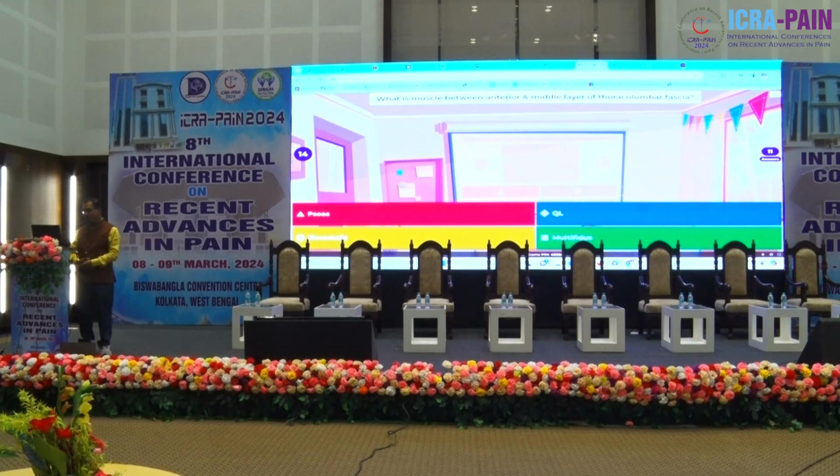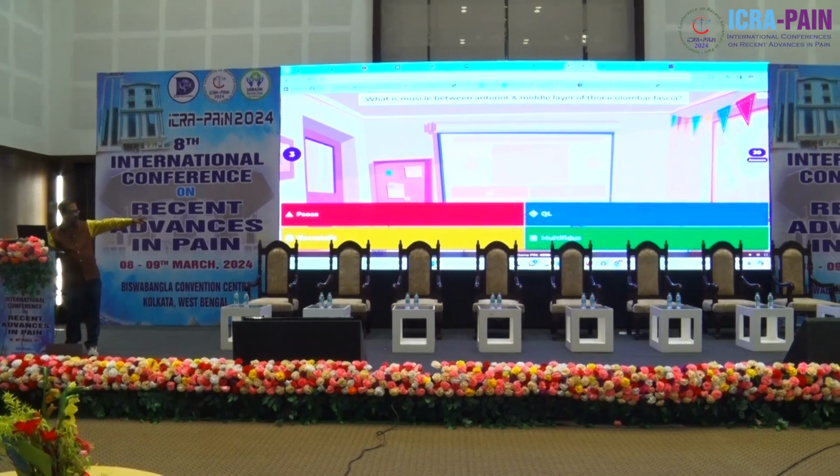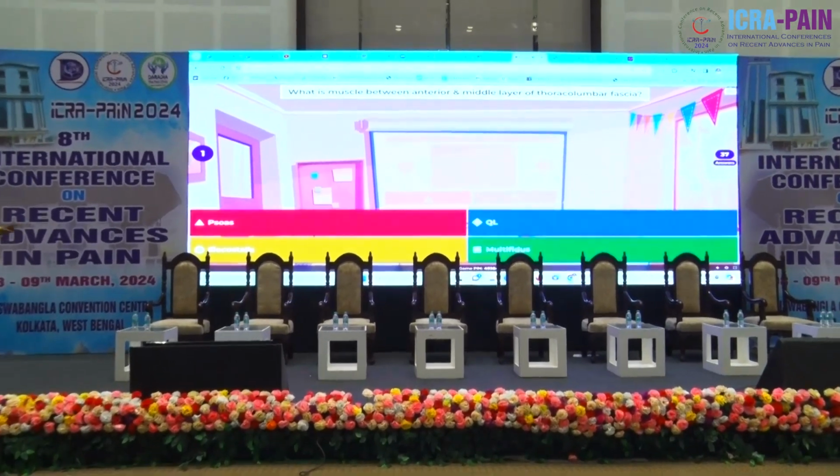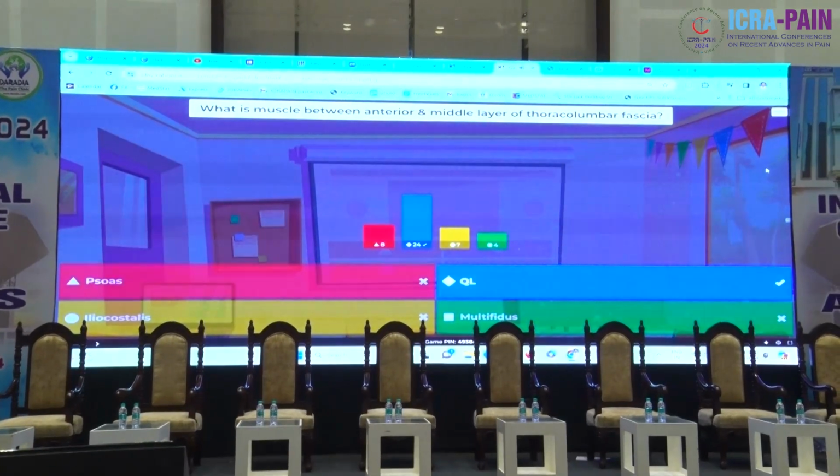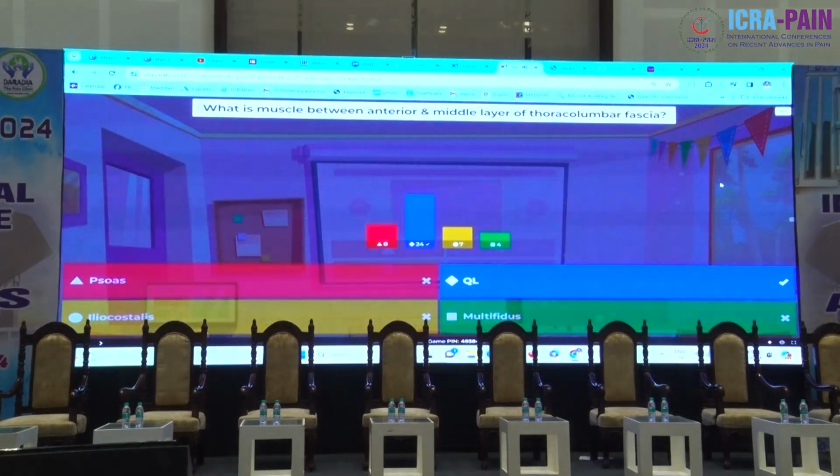Psoas, QL, iliocostalis, multifidus. On your mobile, the color code is there, so put on that color code. If the right answer is psoas, put the red mark. Okay, 24 right answers and then wrong.